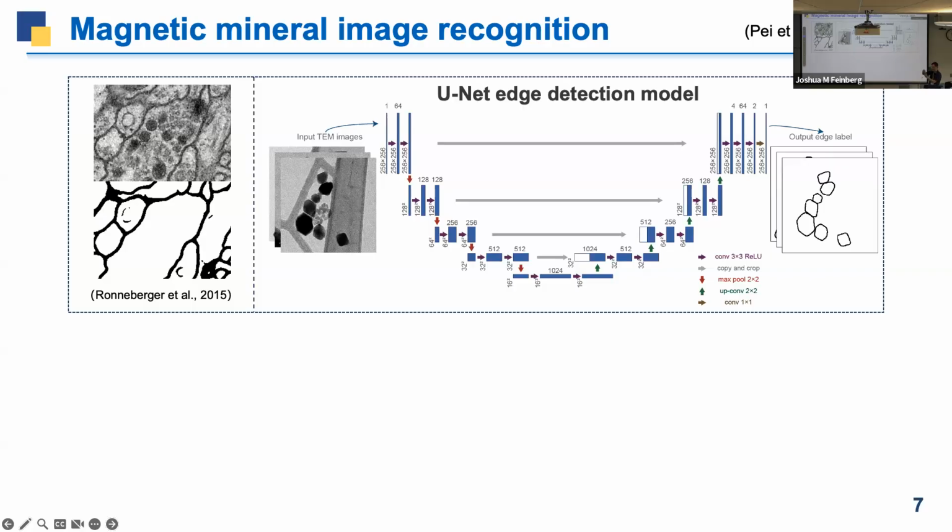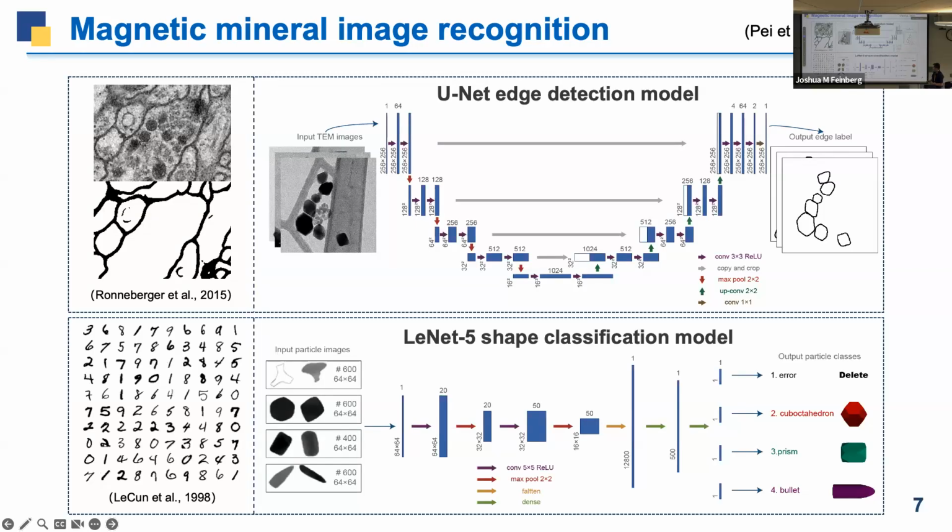If we have the edge, we can know its crystal form, we can segment the particles, and we can know its size. So the edge is very important. And the U-Net model is very powerful because it can achieve very high accuracy using only a 30-image training set.